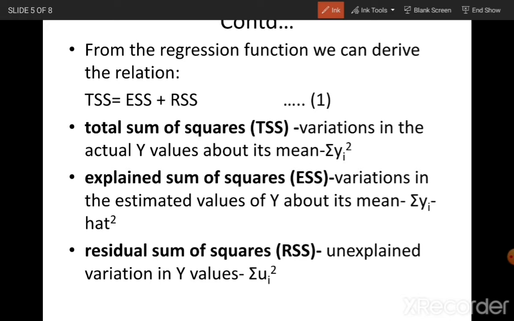Once again, there's a hat here. Ui hat square is the portion of the variations in observed y values which has not been explained by variations in the x values, or my independent variable.